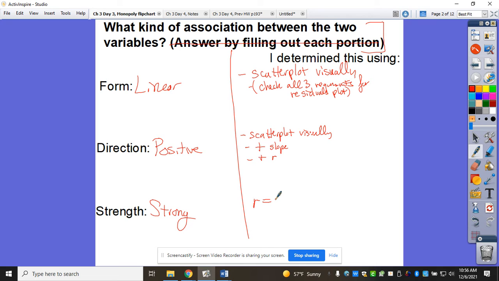What was my value of R? Initially, when we were first learning it, I wrote that it's between 0.8 and 1. You don't have to oversell that. You can say because that's your R, that's your strength. You don't have to go farther than that. You're understanding that you put it in the right place.